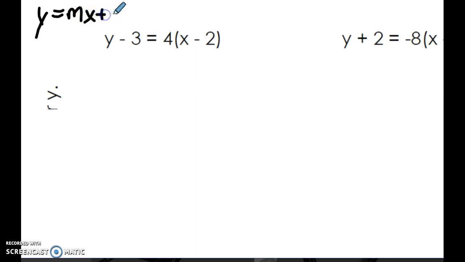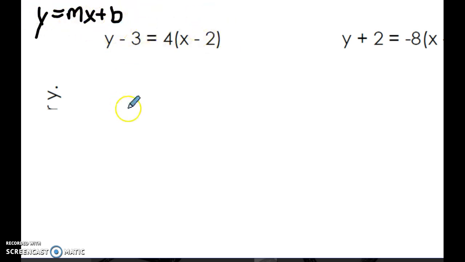We've seen this formula before when we were talking about slope, and we said that whatever number is with the x is our slope. If it's a positive number, we have a positive line. If it's negative, we have a negative slope. So we want to change this point slope form to look like this. This is slope-intercept: y equals mx plus b. And this is the way that you're most often going to see the equation for a line. But you need to know how to take it from one to the other.